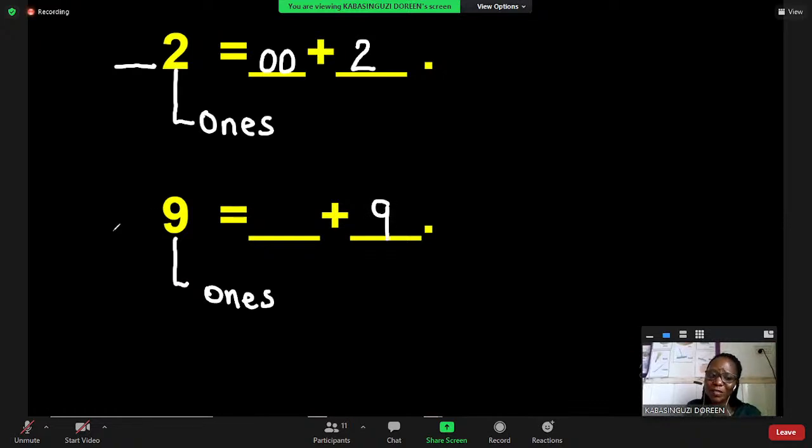Why? Because we don't have any tens, any number representing the tens. So in the place value of 10, we shall just put 0, and that will be 0 plus 9. We have expanded our number. In reality, when you add 0 plus 9, the answer will remain 9. So you have expanded the number.